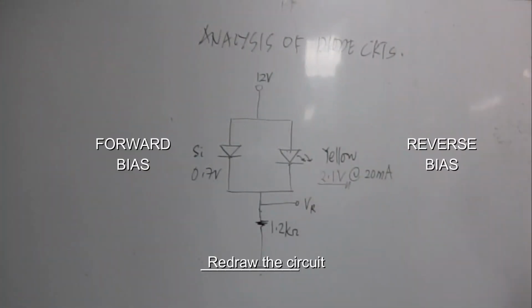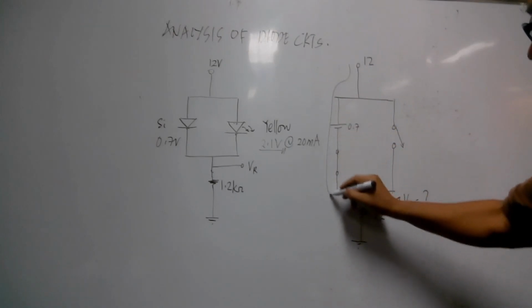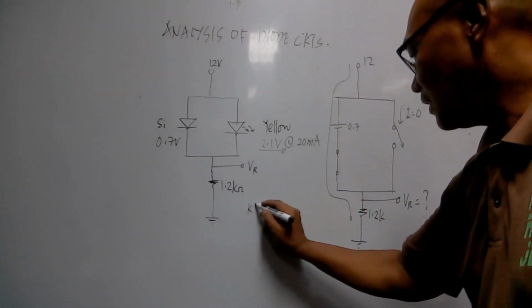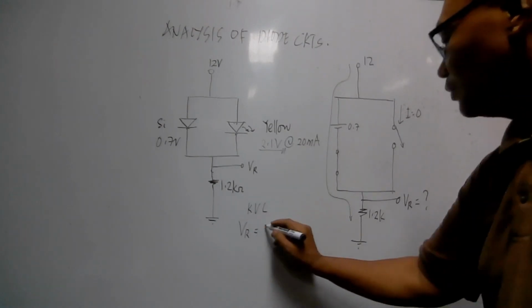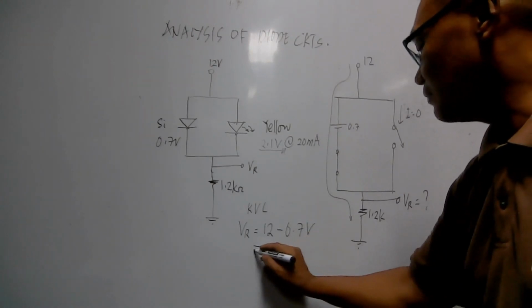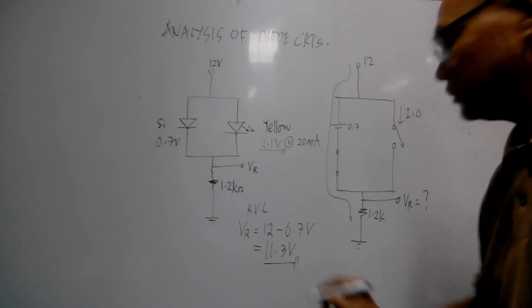With that, our current will only pass through this path, and the current here will be equal to 0. Using Kirchhoff's voltage law, VR therefore will be equal to 12 minus 0.7 volts, which gives us only 11.3 volts.